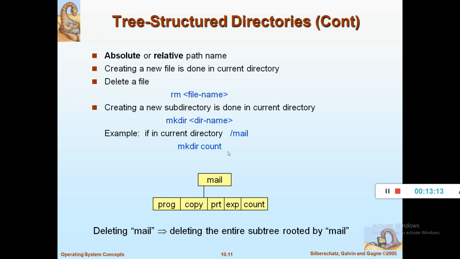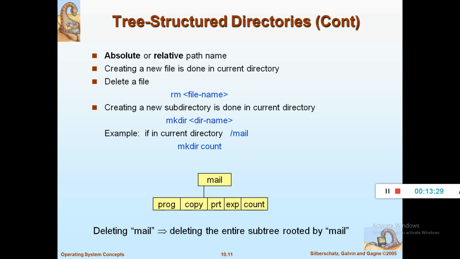So this is called what? Relative path name. Absolute means you are using some special path names like dot and dot dot. Dot means current directory, dot dot means parent directory. Like this you are going to use them. These are some methods we use to access files or give the file name to access.